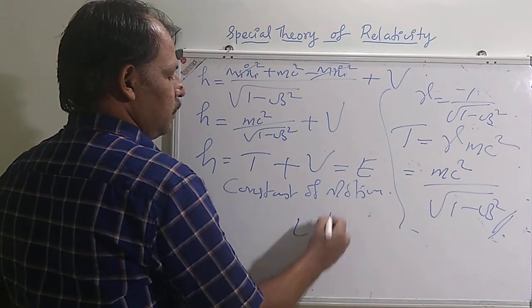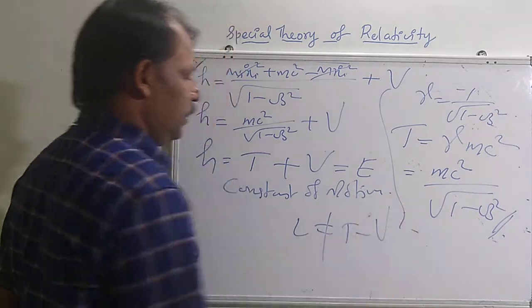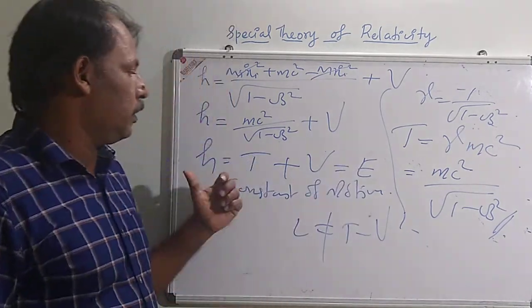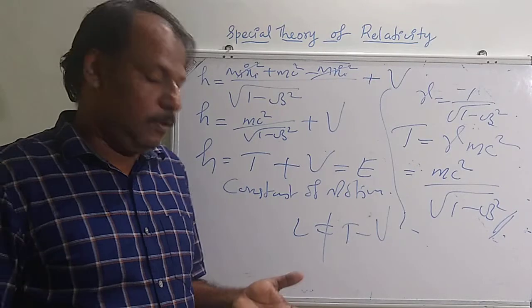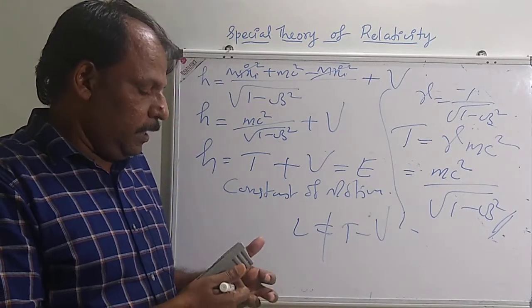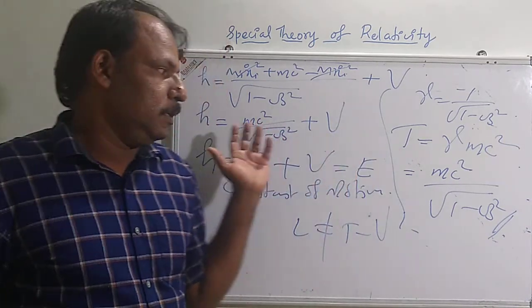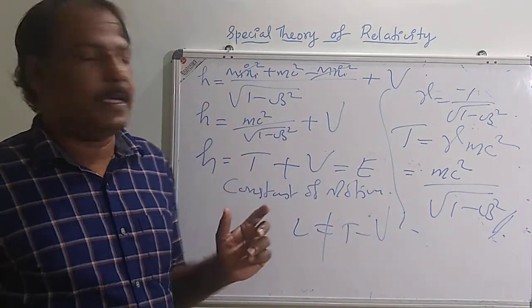Even though L is not equal to T minus V, we are getting T plus V as the total energy, which is equal to the energy function, which is a constant of motion. So we have obtained an equation similar to that for the non-relativistic case.